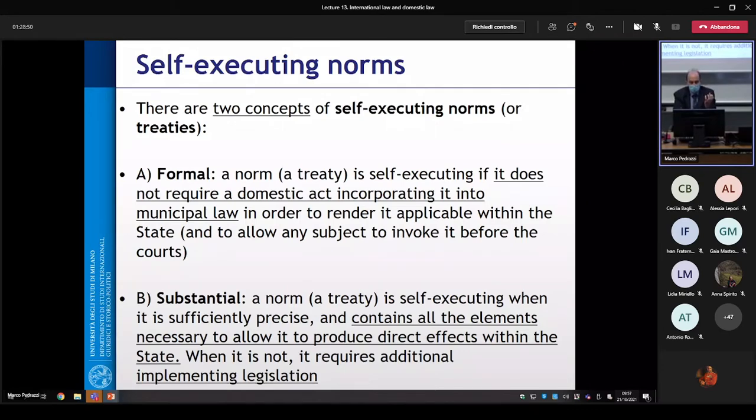When the norm is not self-executing in a substantial way, this means that it does not contain all the elements that allow it to produce direct effects, and therefore it requires additional implementing legislation.